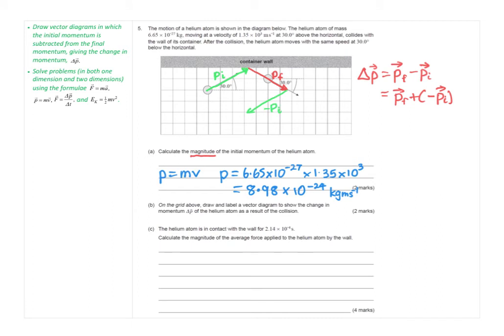So it is equal in length and in opposite direction to PI, minus PI. And that leaves us with the change in momentum vector being this vector here. That is our change in momentum.